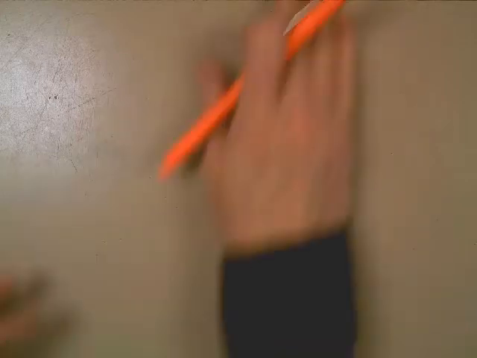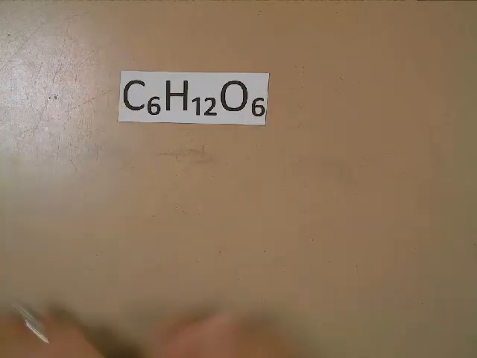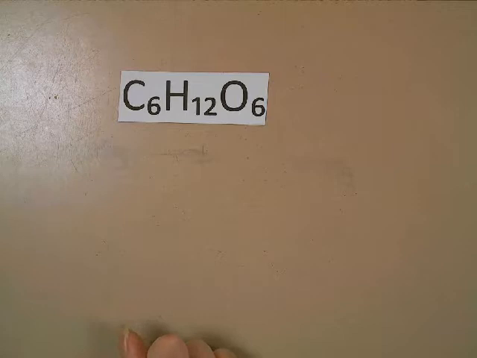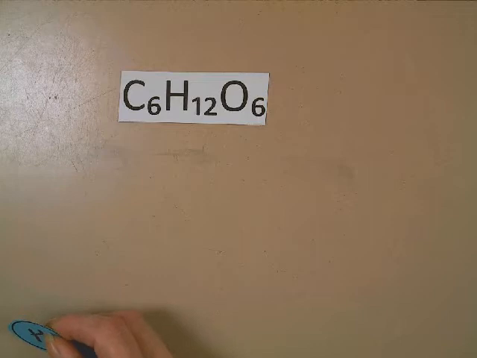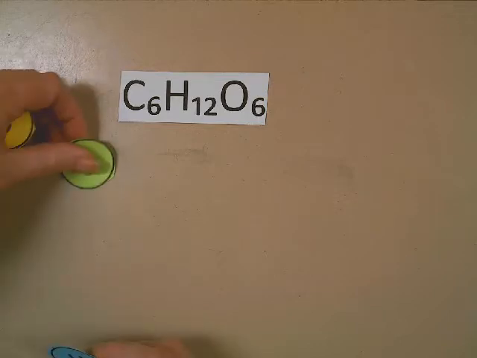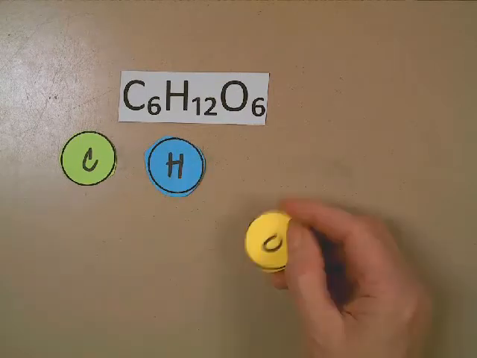All right, let's look at a couple other examples. Here you have the formula for glucose, C6H12O6. How many elements are in glucose? Once again, the elements are the letters, and every capital letter represents a new element. So there are 3 elements: carbon, hydrogen, and oxygen.